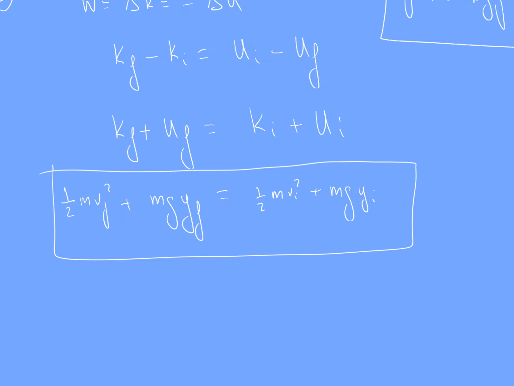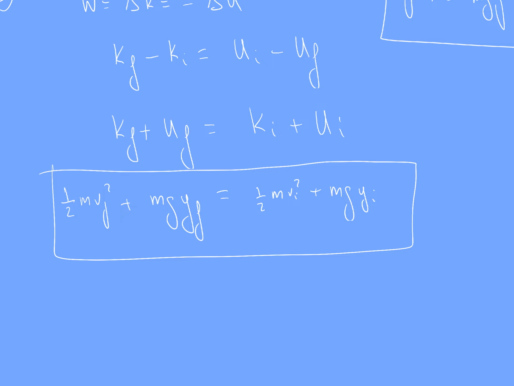So given the initial velocity and the initial height, you can find the final velocity if they give you the final yf. So this equation is the equation of the conservation of energy for this problem.